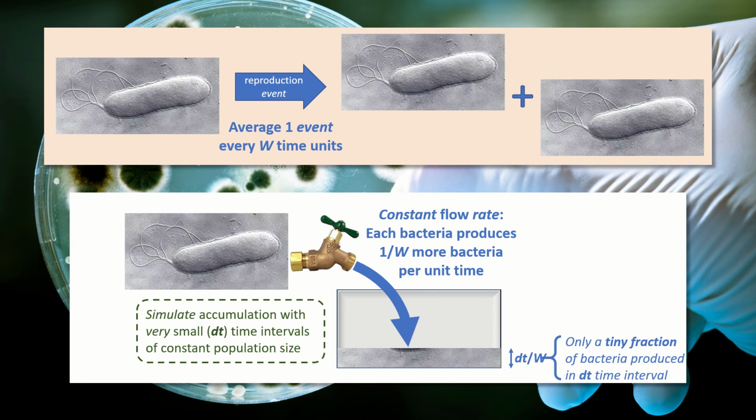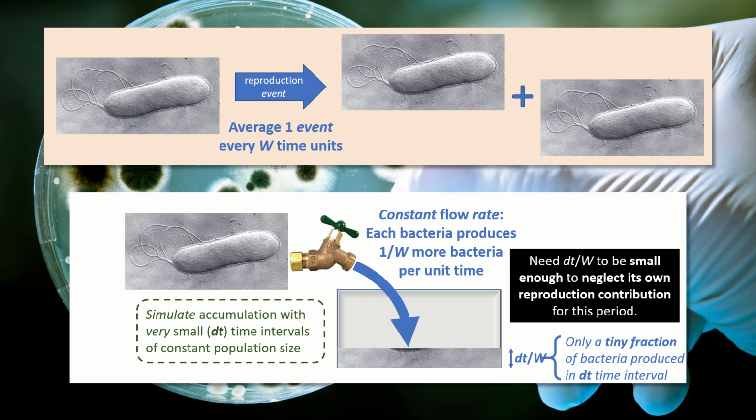And the hope is if we do this right, the formulas will be pretty easy to put into that spreadsheet. So we need this to be small. We need the DT period to be smaller than W. What is this going to mean for your non-bacterial growth examples? That means that you're going to have to find the time scale of whatever interesting part of your system you're focusing on, sort of the fastest thing that happens in the system, and make sure that the artificial compounding period you put in your Excel spreadsheet is much lower than that.